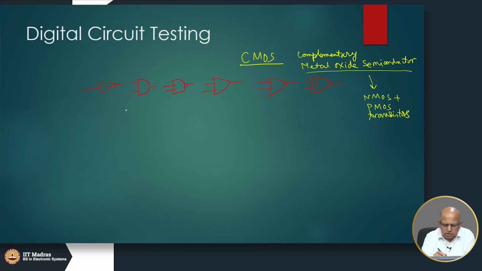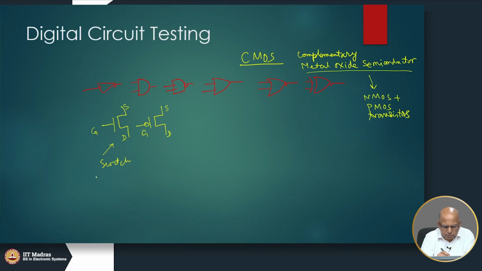So, this is a symbol for an NMOS transistor, and this is a symbol for a PMOS transistor. So, this is, let us say, the source and the drain, and this is the gate. The NMOS transistor acts like a switch.